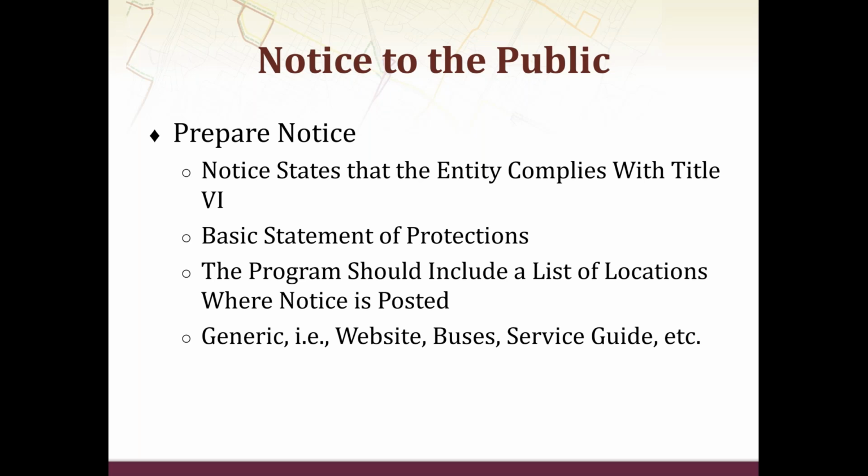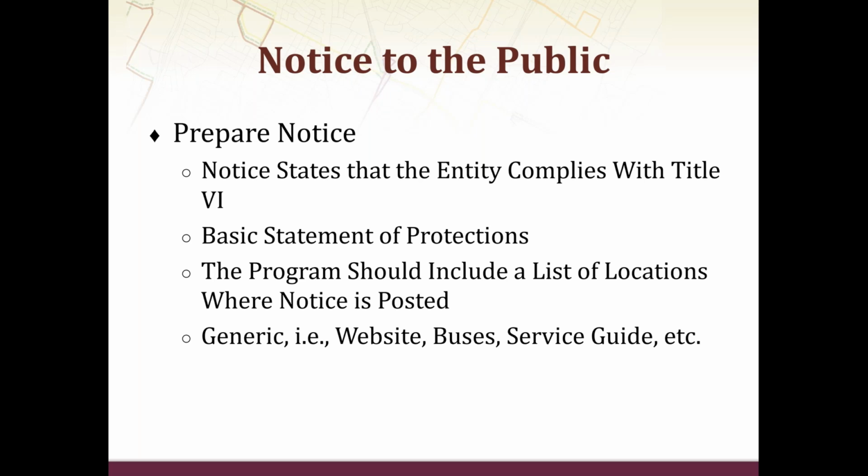And the basic components of that notice, first of all, you're giving a statement of protections, saying the things that they're protected against, and we'll get into the specifics here in a moment. You'll state that the entity, because it receives federal dollars, complies with Title VI, and the program should include a list. The program, meaning your Title VI plan, should include a list of the locations where the notice is posted.